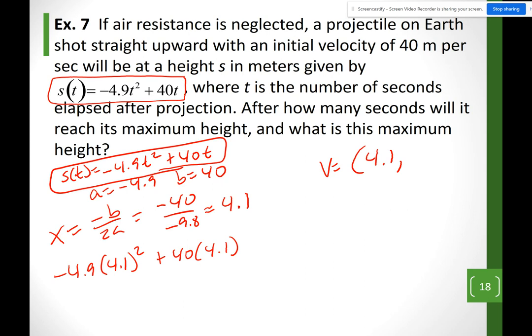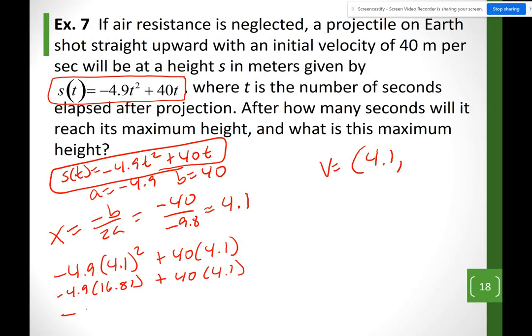Now, 4.1 times 4.1 is 16.81. So I have negative 4.9 times 16.81 plus 40 times 4.1. All I did was my exponent. All right, 16.81 times negative 4.9.